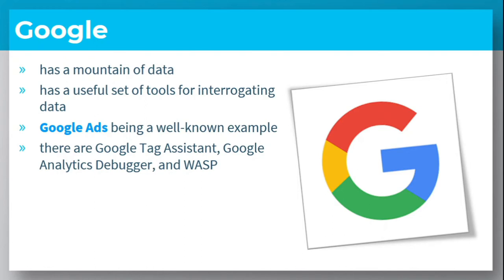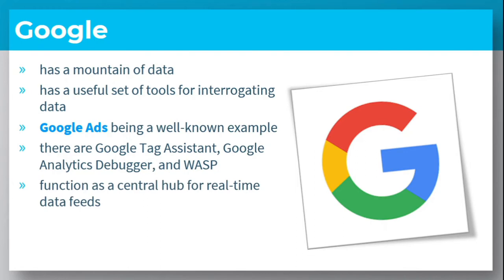Actually, there are a lot of Google tools for what we call data analytics. And at the same time, Google functions as a central hub for real-time data feeds. Remember the thing I showed you in a minute's time? There is a lot of data that comes and goes from the Google server, and that is real-time.